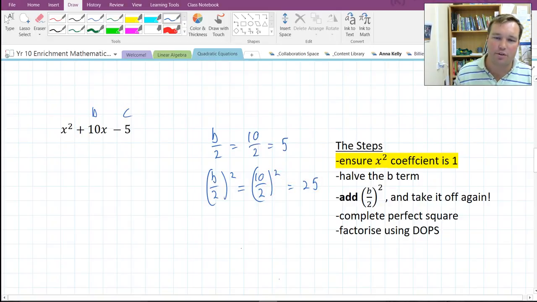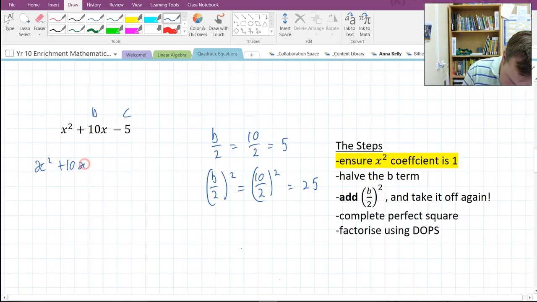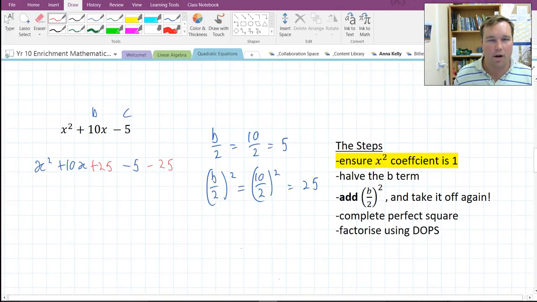Now, why on earth have we done this? Add it on and take it off. Alright, let's look at that. x squared plus 10x, and we're going to add it on here, plus 25. Then back to ordinary, take 25. Why? You'll see in a second, but let's just convince ourselves that actually we haven't changed the equation. In fact, here there isn't even an equation.